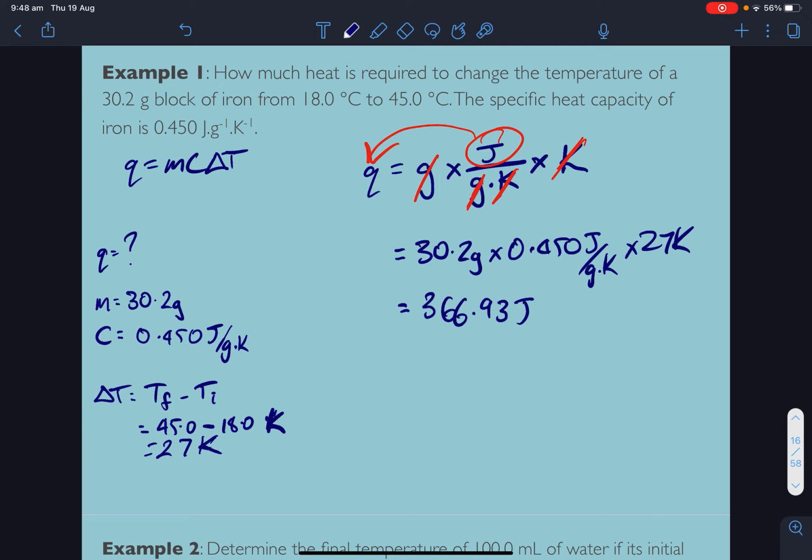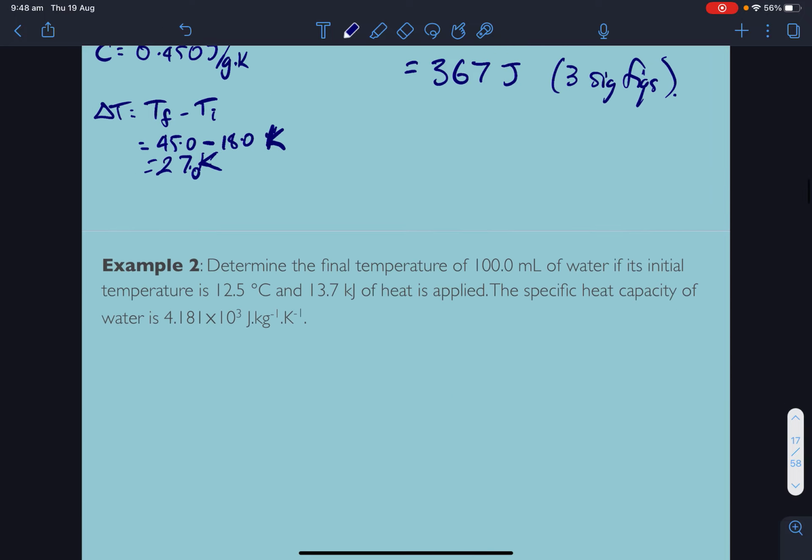Significant figures. I've got 3 there, and I should have. What a duffer. I should have held on to the 0 of my tenths in my Kelvin. So I can report it to 3 sig figs. So I've got 367 joules to 3 sig figs. All right. Nice straightforward problem with the formula as it is. Let's do a different example.